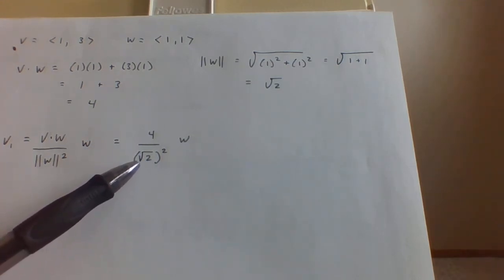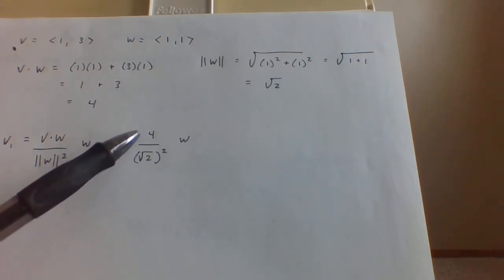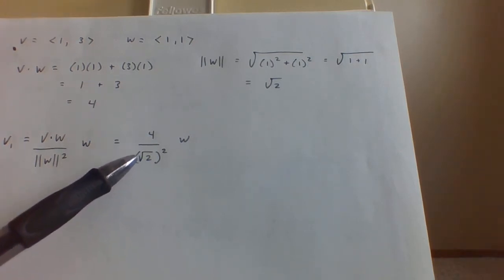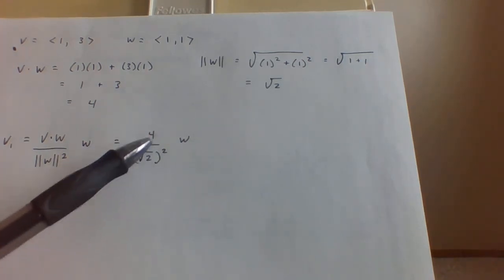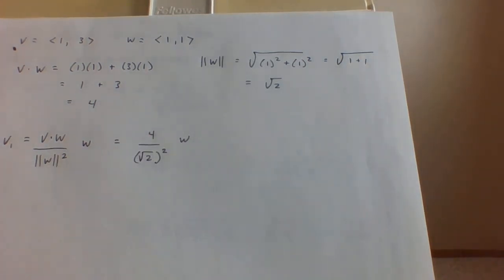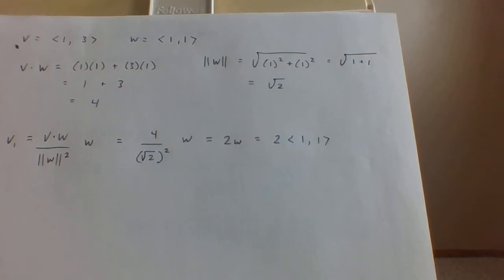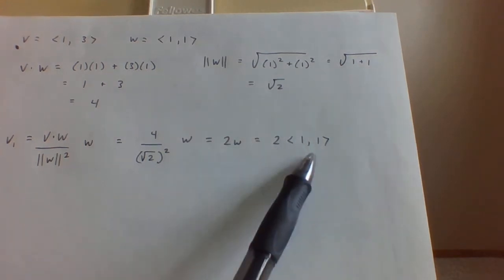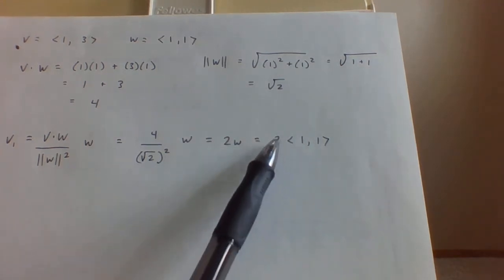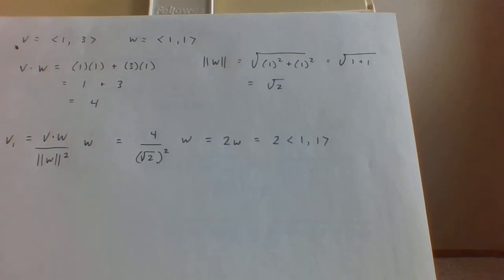Radical 2 squared on the bottom is going to be a 2, and 4 divided by 2 is going to be positive 2. Then we're going to multiply that number times vector W. So this is going to be the same thing as 2W, or 2 times the vector 1, 1. Keep in mind we can distribute here to get 2, 2 as our vector.